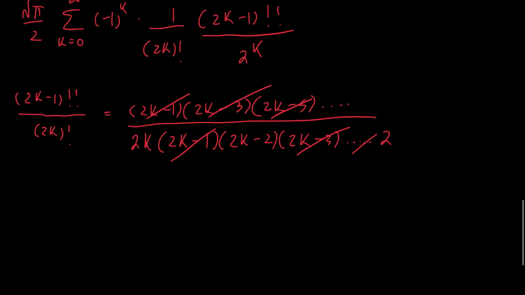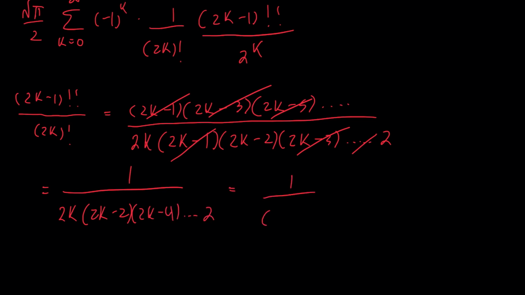So we're just left with 1 over 2k times 2k minus 2, and then we have a 2k minus 4, and so on. But that's just the definition of 2k double factorial. But we showed in the beginning of the video, this is equal to 2 to the k power times k factorial.